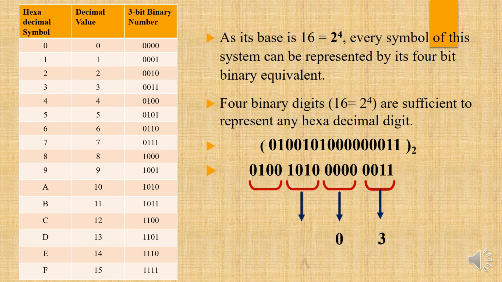In the similar way for the third group, which is 1010, which is equivalent to A. Okay, and then next is 0100, which is equivalent to 4 in the hexadecimal number system, right? So what we have got? We have got 4A03, and this number is in hexadecimal number system. Okay, so in this way we can convert any binary string into the equivalent hexadecimal number system.